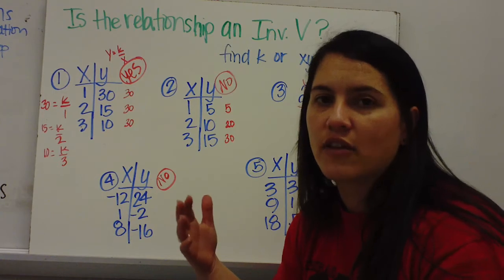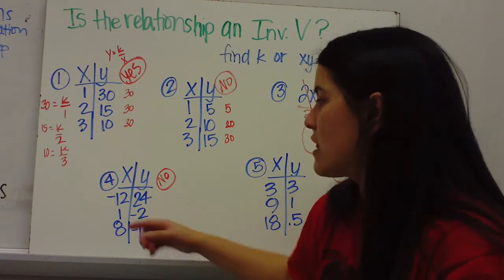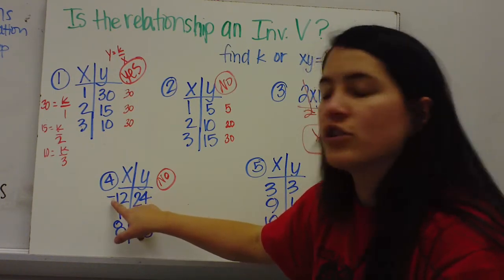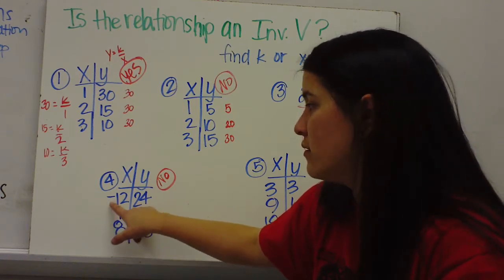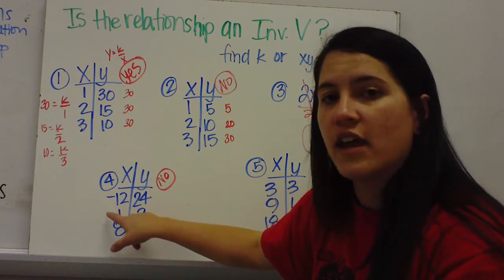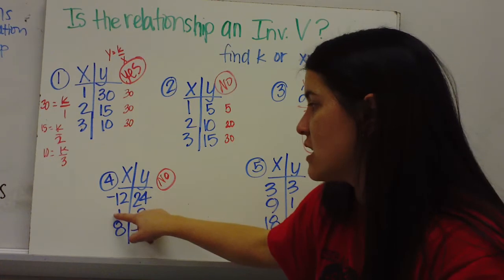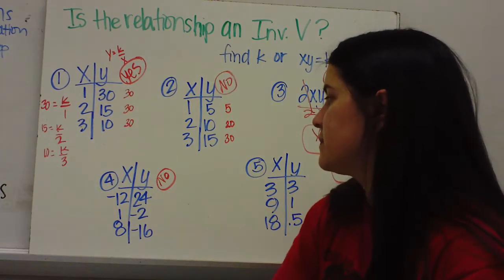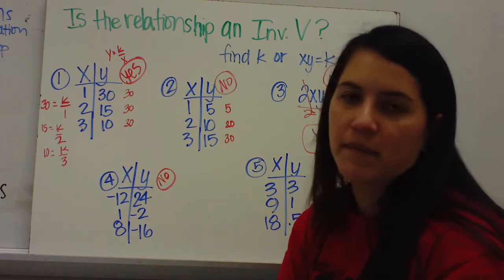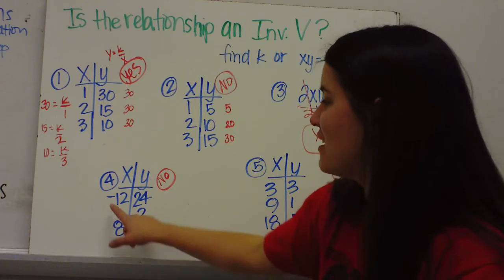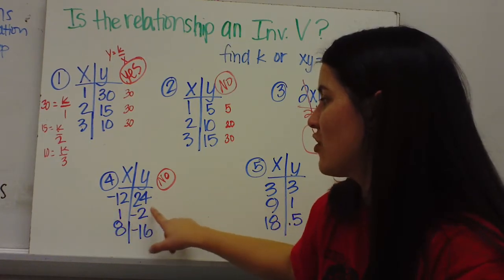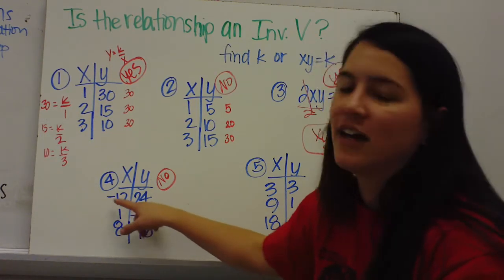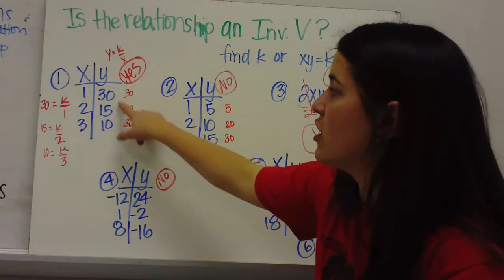Another thing that you could look at is that an inverse variation means as one value increases, the other decreases. So if we were to go from negative 12 to 1, this one is increasing, and this one's decreasing, but it's not at the same rate as over here.